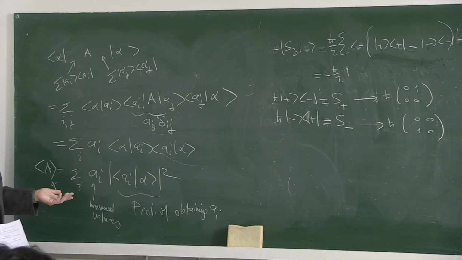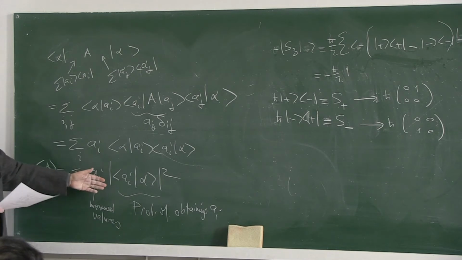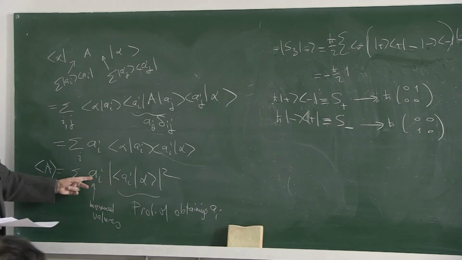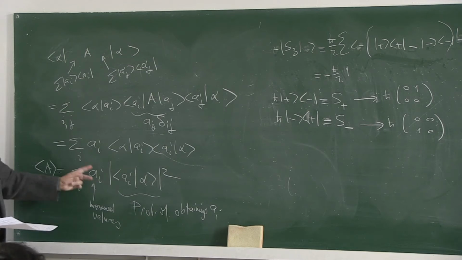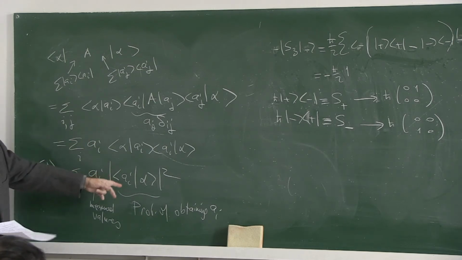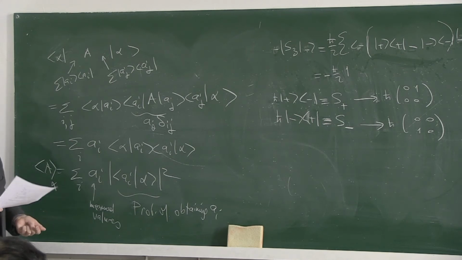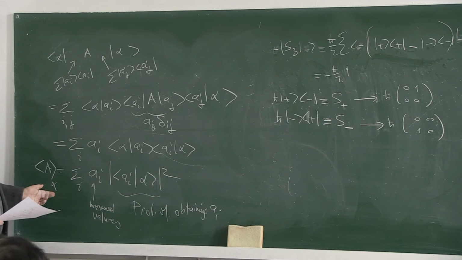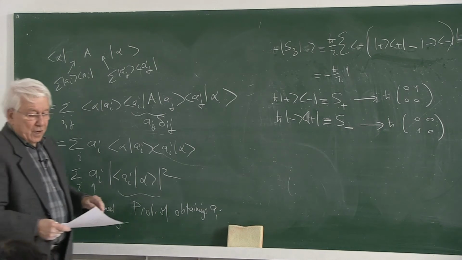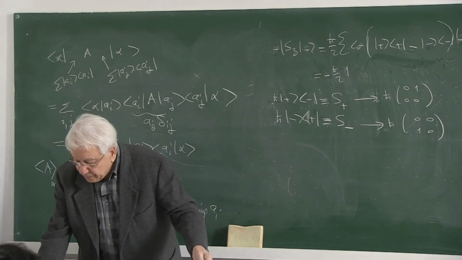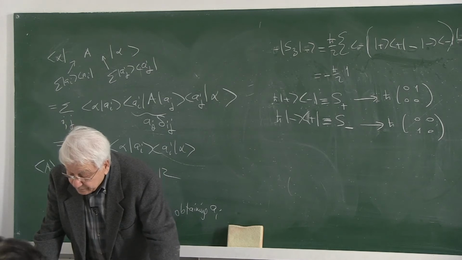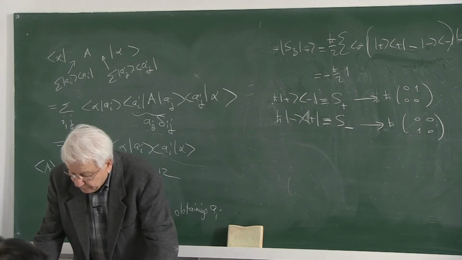If you remember the usual mathematics of statistics or probability theory, that is nothing but the average measured value, right? You take all the values in the spectrum, multiply with the associated weight, that's the probability of finding each of them, and add over all of it, that's the average measured value, which in the mathematics of quantum theory we call the expectation value. So these two terminologies may be used, if you are careful enough, interchangeably, okay?